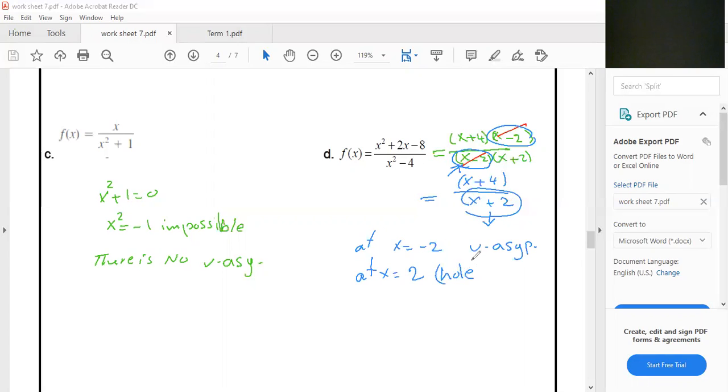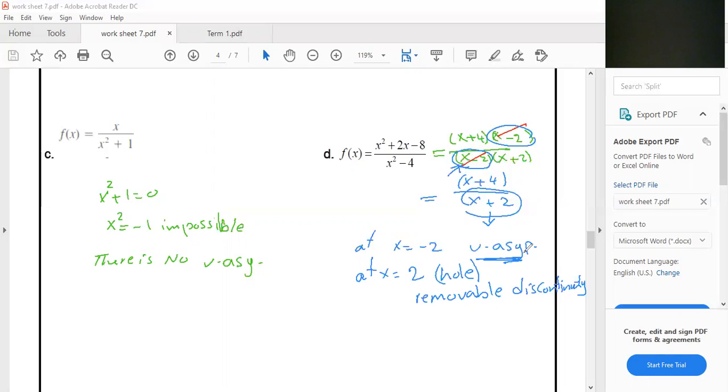What is the meaning of hole? As you know, at a hole we have removable discontinuity. But as you see at a vertical asymptote, we have non-removable discontinuity, because as I told you before, any rational function is discontinuous at the zeros of the denominator.